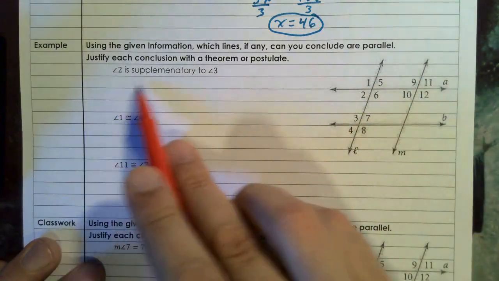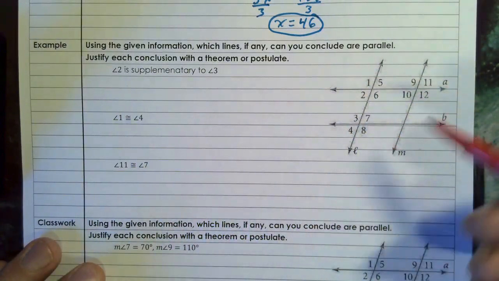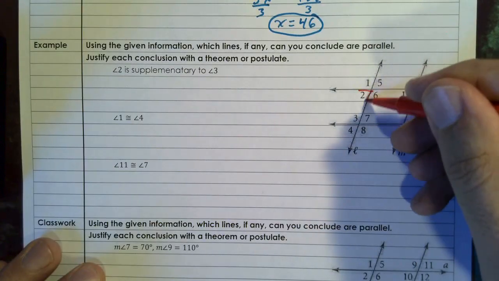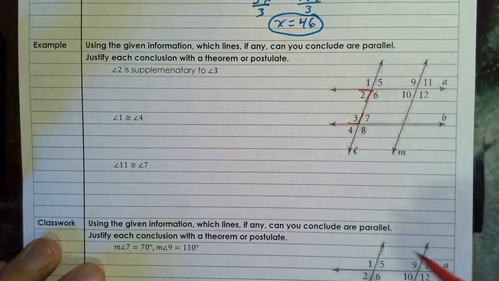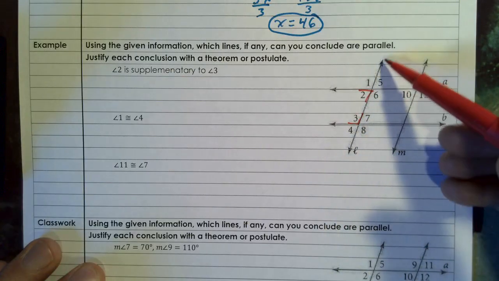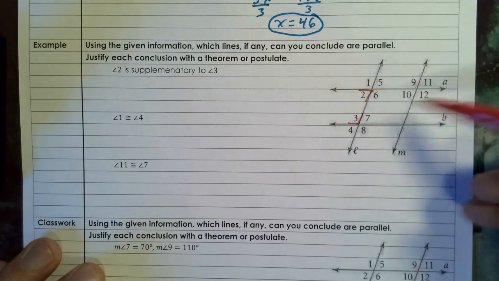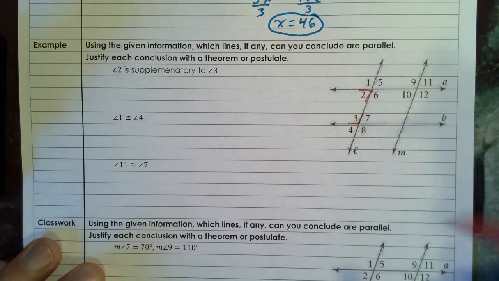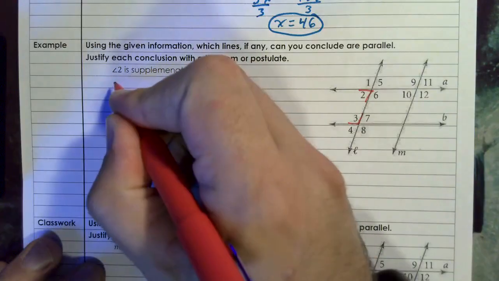We've got 2 and 3 are supplementary. We want to see who's got to be parallel. So here's angle 2 and angle 3. I can tell they're on the same side of this line and in between these two lines. So they are same side interior.